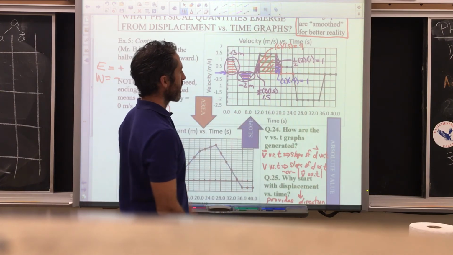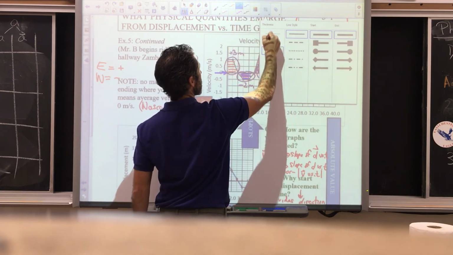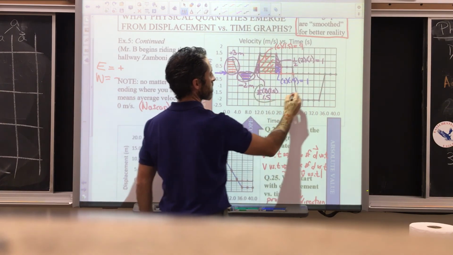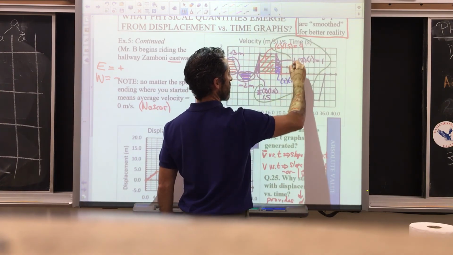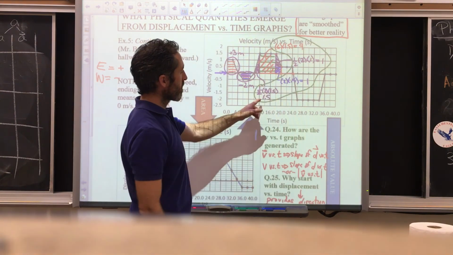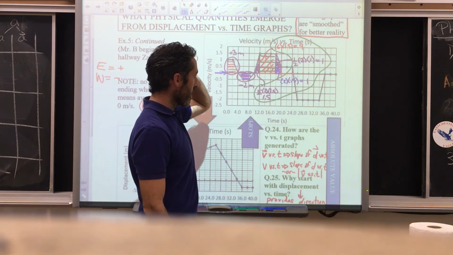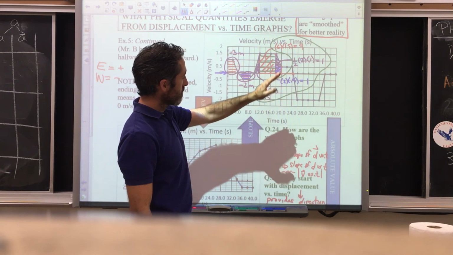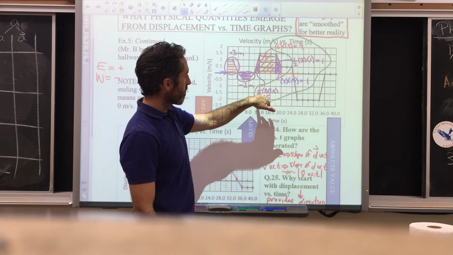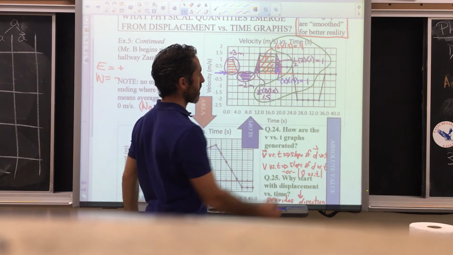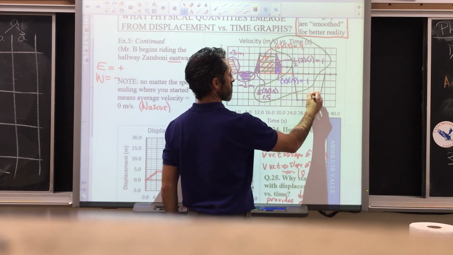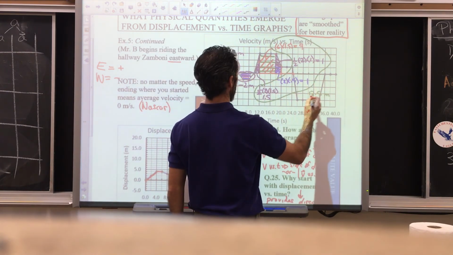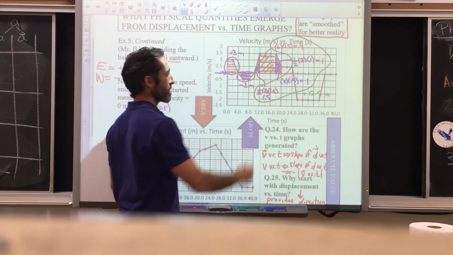So if we combine these four, what you get is 1.5 plus 1 plus 1 plus 9. And that gives you, that's 4.5, right? Or no, sorry, 3.5 plus 9, which gives you a grand total of 12.5 meters positive for this segment.